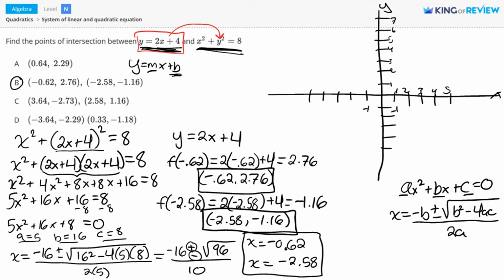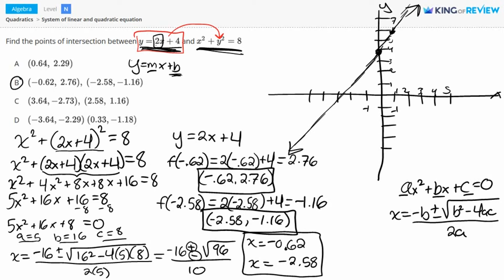This means it crosses over the y-axis at 4. So let's put a point right there. And m is equal to 2. That's this position here, 2. That's the slope. So that means up 2 over 1. So we have another point right here. So now we can use these 2 points to draw in a line. So here's the line here.